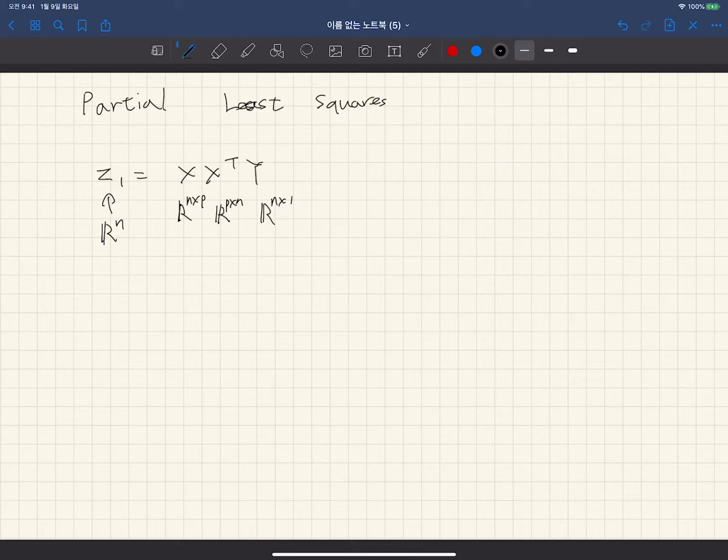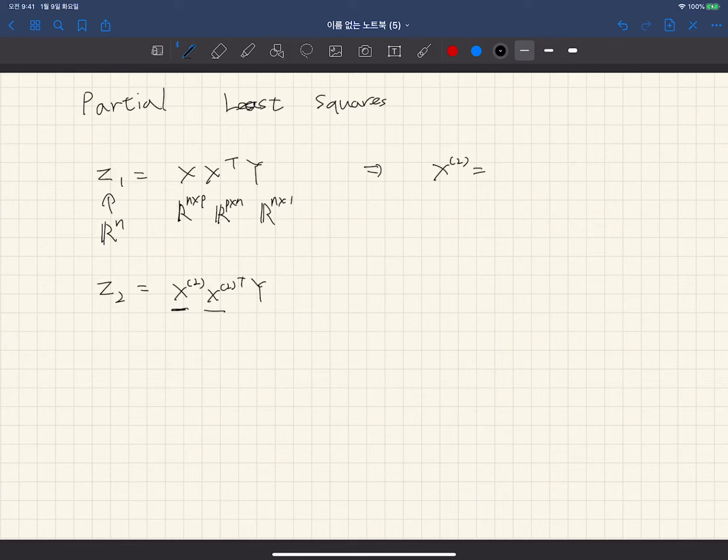What is G2? G2 is X2 transpose Y. The equation is almost the same, but you have to define the X2 matrix using G1 and the original input matrix X. How to define X2?